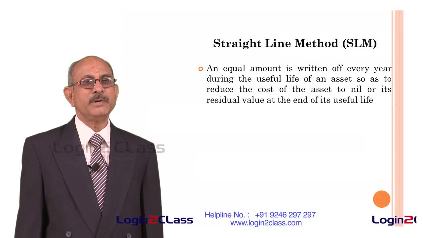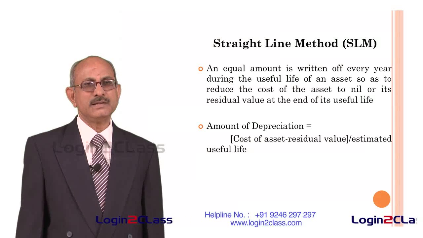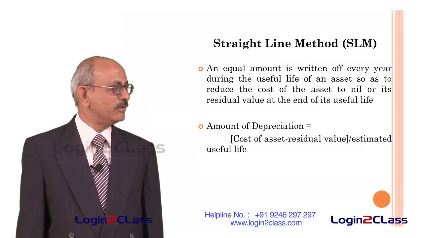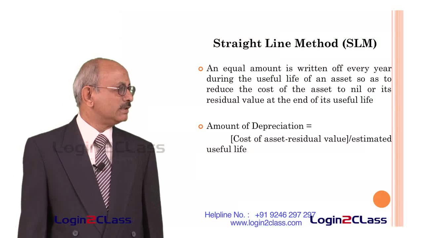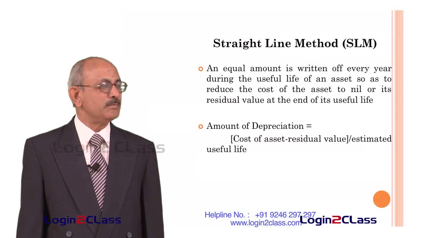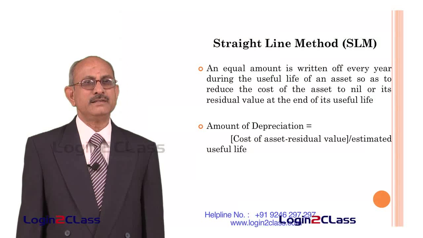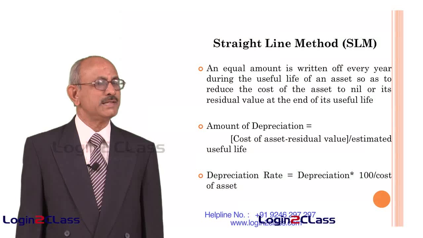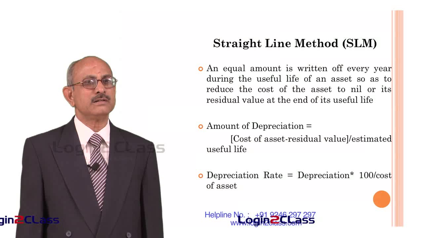That means ultimately, after providing for depreciation for the useful life of the asset, the value will be reduced to the residual value or the scrap value, or if the scrap value is 0, the value will be reduced to 0. Therefore, in terms of the SLM, the amount of depreciation is given by cost of asset minus residual value divided by the estimated useful life.